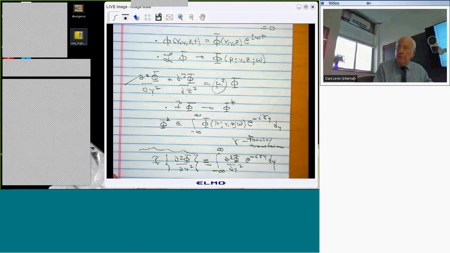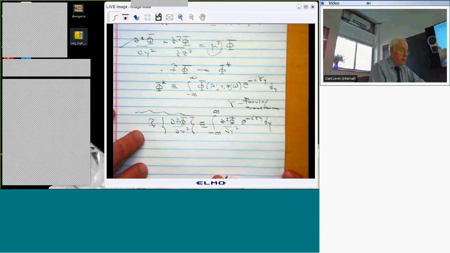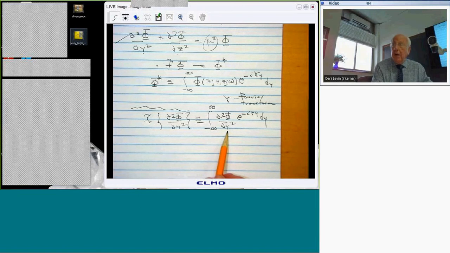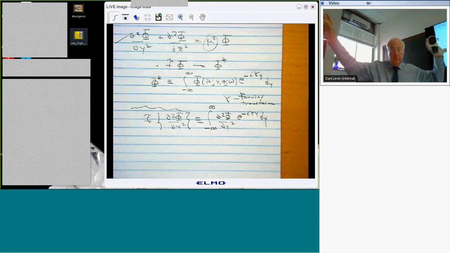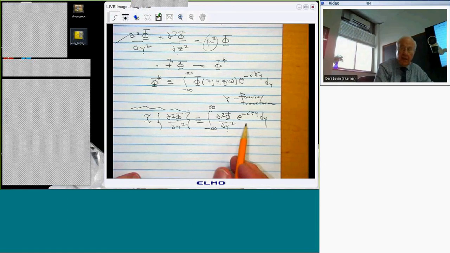Now if I integrate this by parts twice and assume that things die off at y equals plus and minus infinity, so the tail terms go away, each time I integrate by parts, I reduce this from the second derivative to the first derivative and then on to the function itself, and I get an i gamma each time because it's minus i gamma.